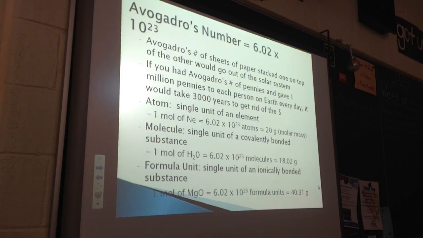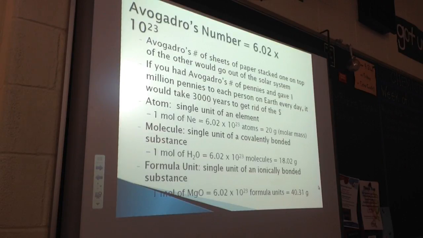So, for example, if I have 1 mole of magnesium oxide, that means I have 6.02 times 10 to the 23rd formula units of magnesium oxide. We use that word because it's ionically bonded. It is a left thing plus a right thing. It is a positive thing plus a negative thing.